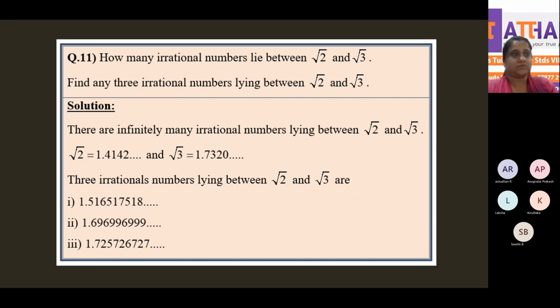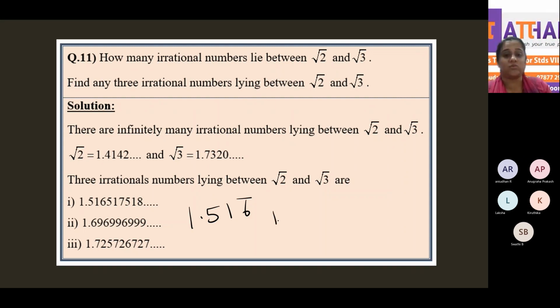Okay. You can read the answer. I have it in my slide also. If you have to write a rational number, then you must write what? 1.516 recurring like this. But you can write a terminating decimal also.